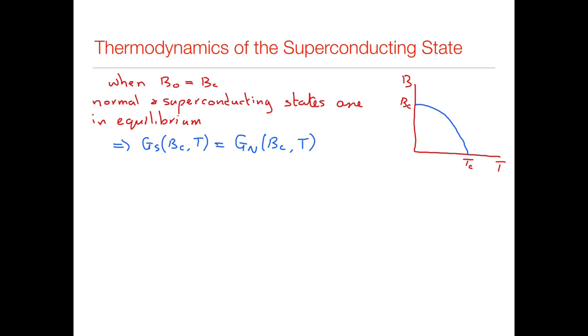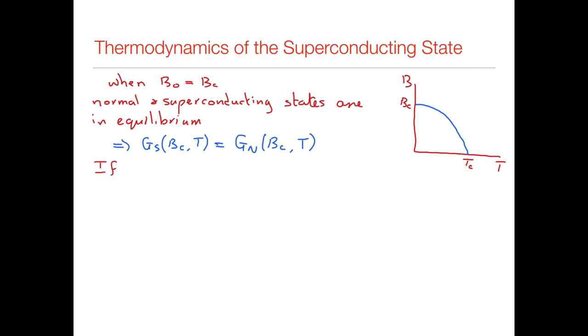Now, how should the Gibbs energy of the normal state vary as we change the field? Well, remember that the normal state is probably only very weakly magnetic. The paramagnetic or diamagnetic susceptibility of the normal state is of the order of 10 to the minus 5. It's really, really small. So let us, as an approximation, neglect that change.